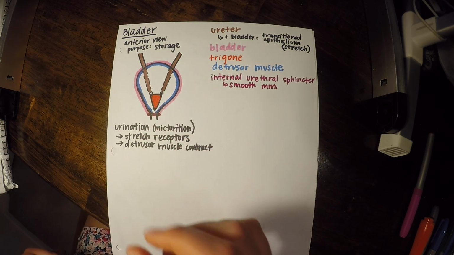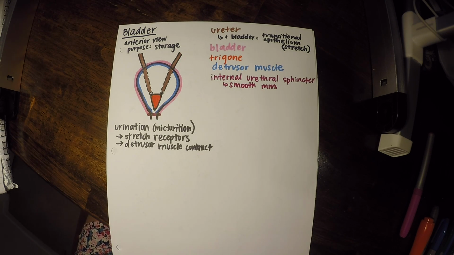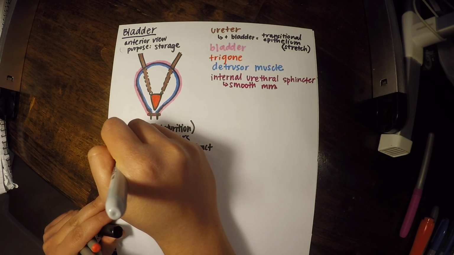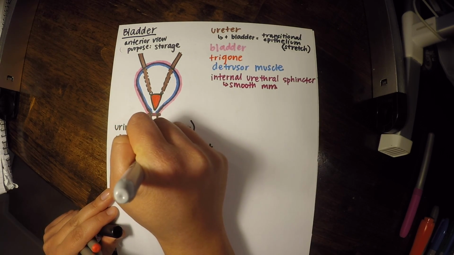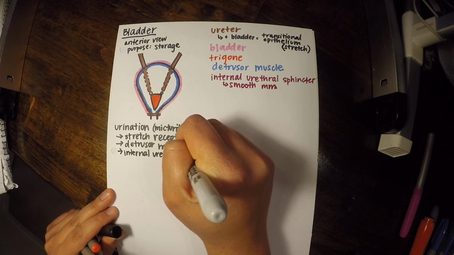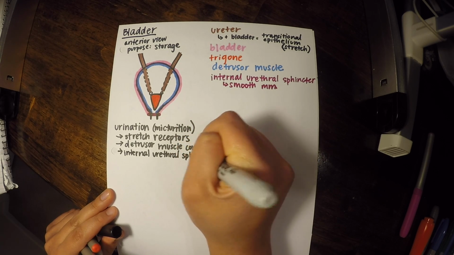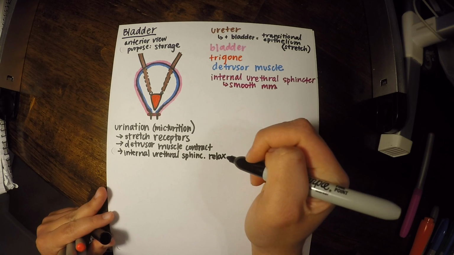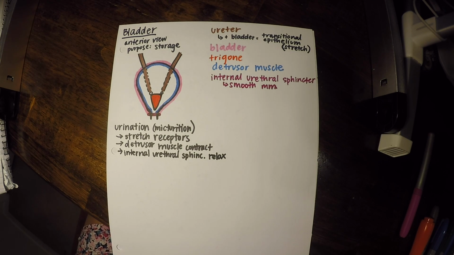So that internal urethral sphincter has to relax for urine to be able to come out. Because if not, we won't be able to get urine out through that sphincter.